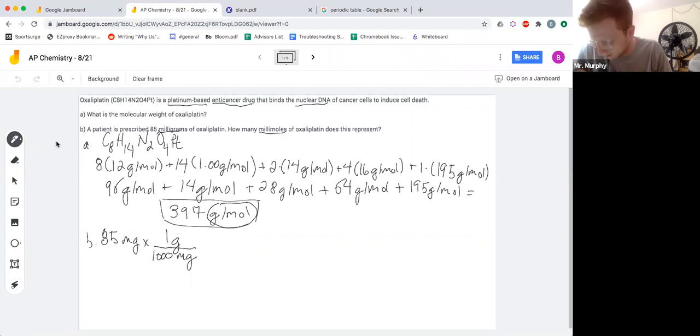Boom, already at it. We see here that for every mole of oxaliplatin, it will have a mass of 397 grams. 397 grams per mole. And then we're currently in moles. Let's just convert over to millimoles. 1 mole equals 1,000 millimoles.